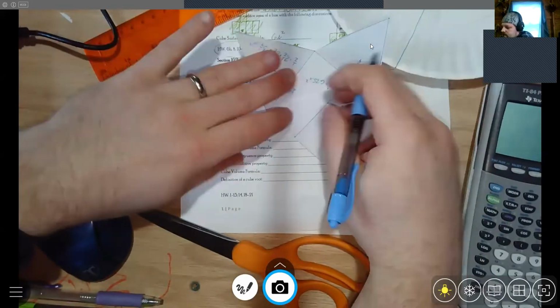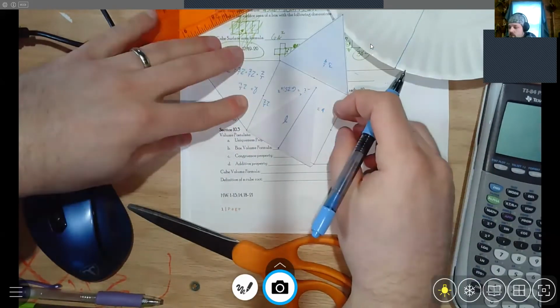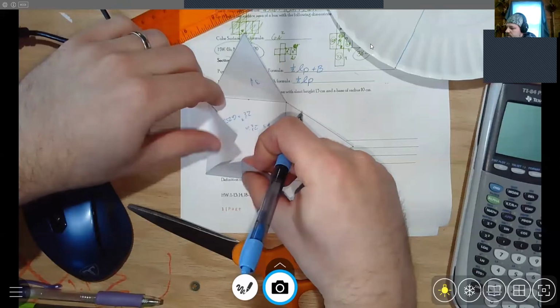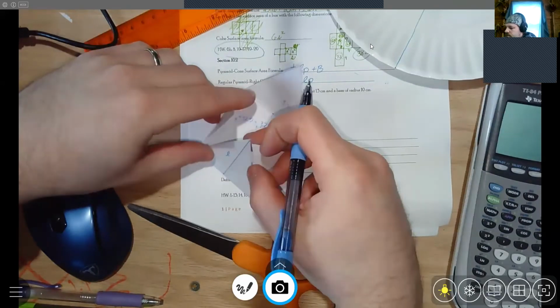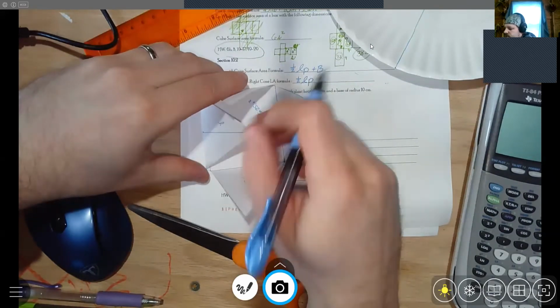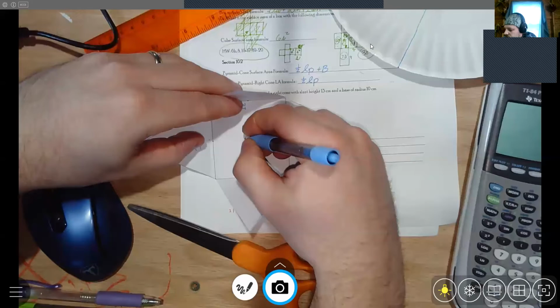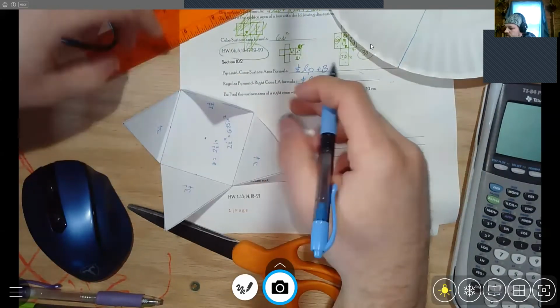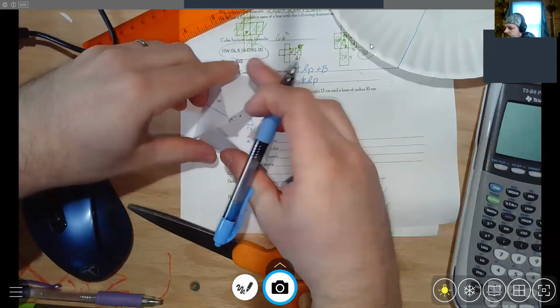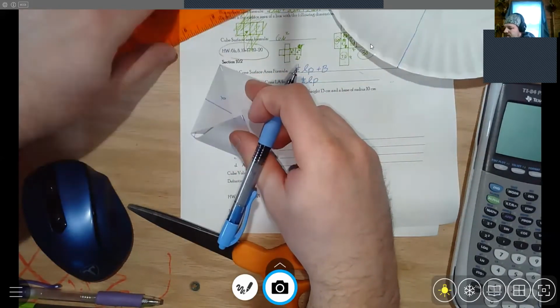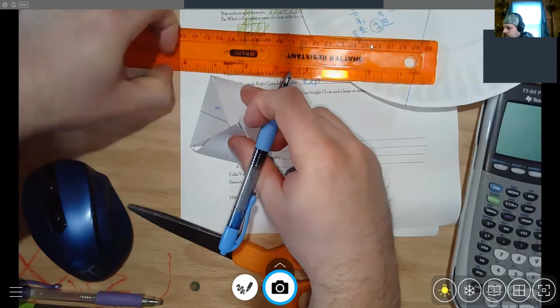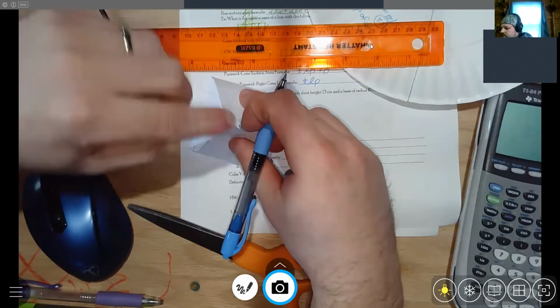Okay, so that's my slant height. That's different from the height of the pyramid. The height of the pyramid is defined as the distance from the center of the base, which would be roughly here, to the very tippy top, the vertex at the top of the pyramid.